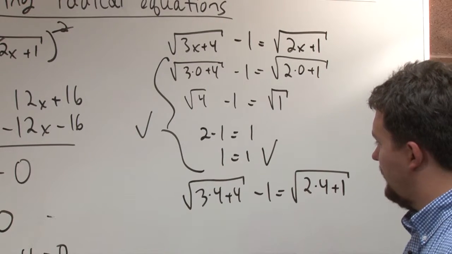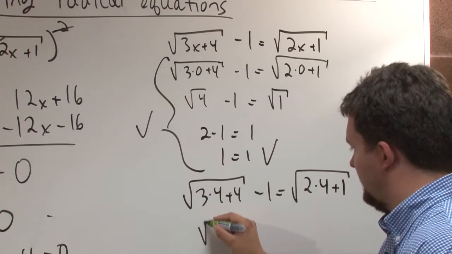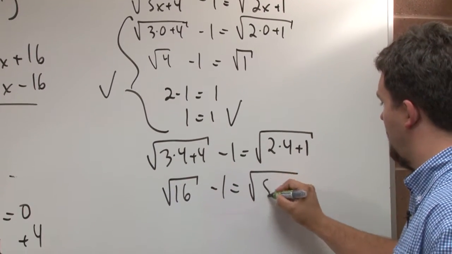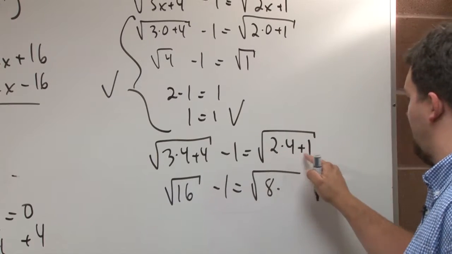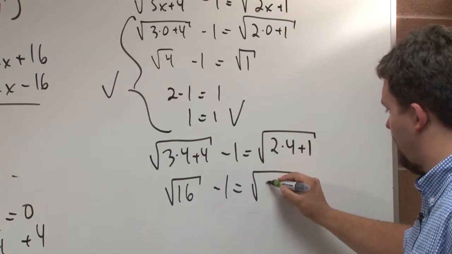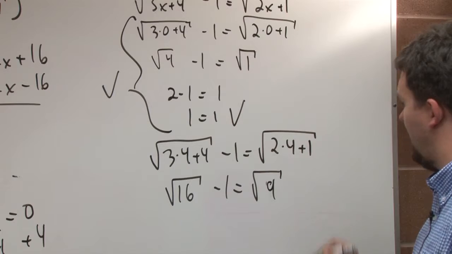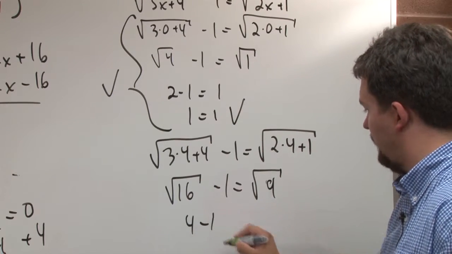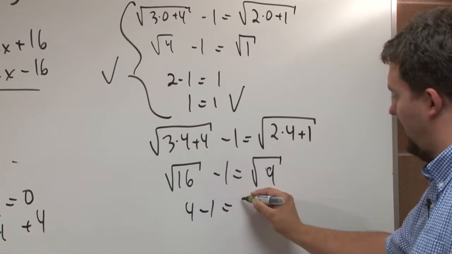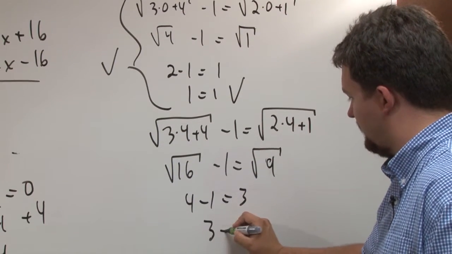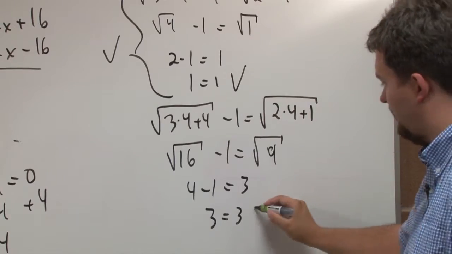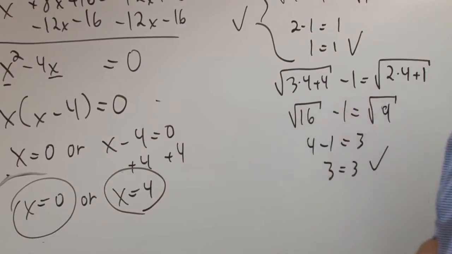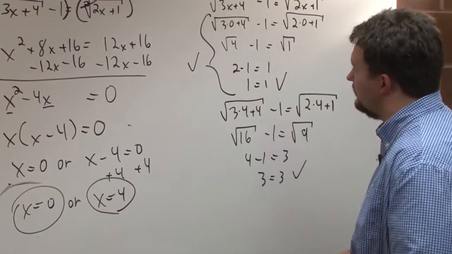Okay. 3 times 4 is 12, plus 4 is 16, minus 1 equals a square root of 8 plus 1. 8 plus 1 is just 9. All right. Well, the square root of 16 is 4, minus 1, equals the square root of 9, which is 3. Which means 3 is 3. Which means that worked out, which means this also is an answer. So we did not have an extraneous answer this time, which is really cool.